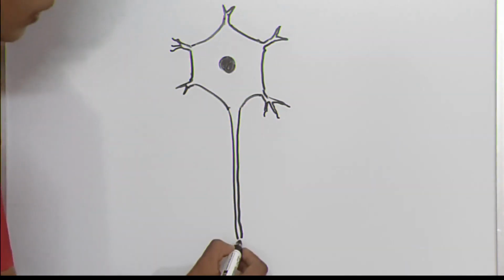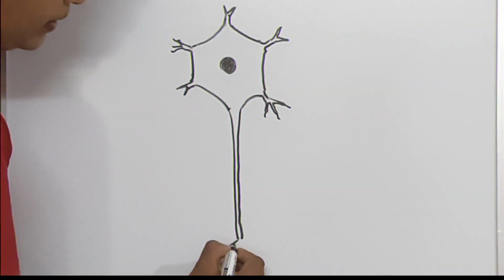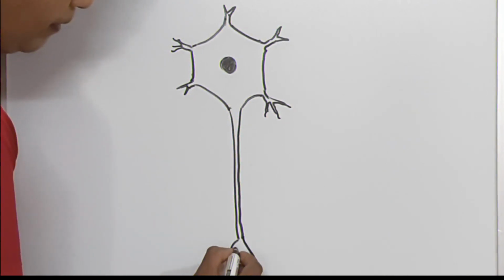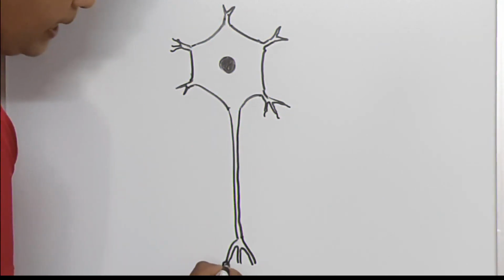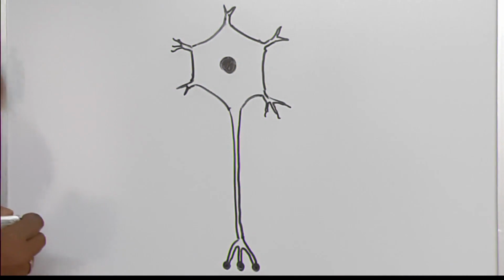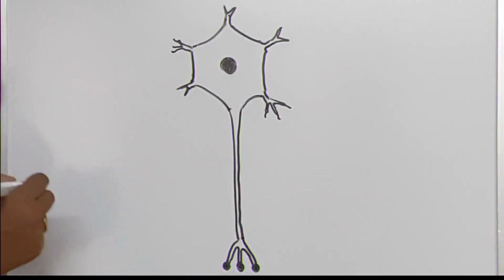Okay. Now coming to the edge, again branches. There also the number of branches depends on the size and the space of the figure, which ends in bulb-like buttons or knob-like structures. Okay. Almost our figure is done.